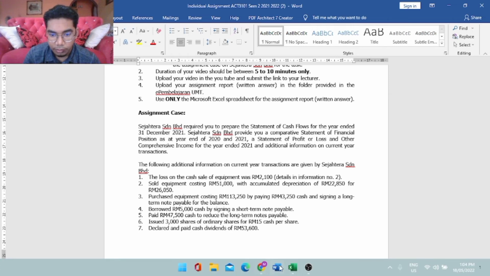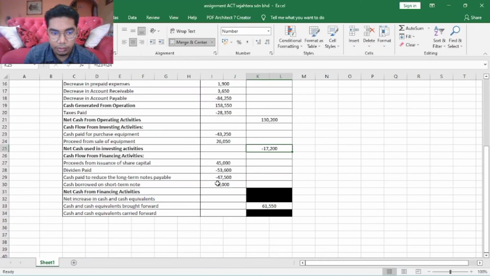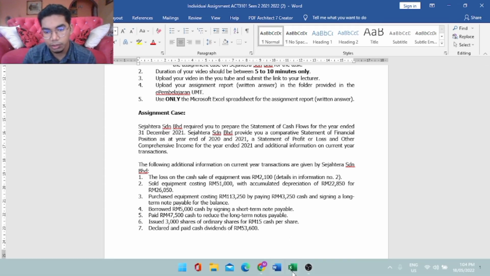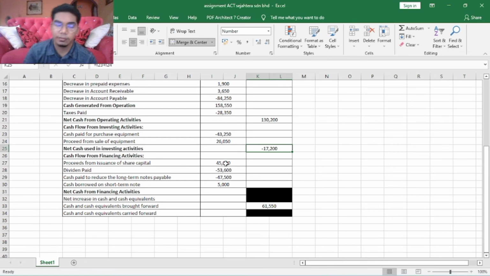So how do we get the amount 45,000? 3,000 shares of ordinary shares, we multiply by 15 cash per share, so we get 45,000.